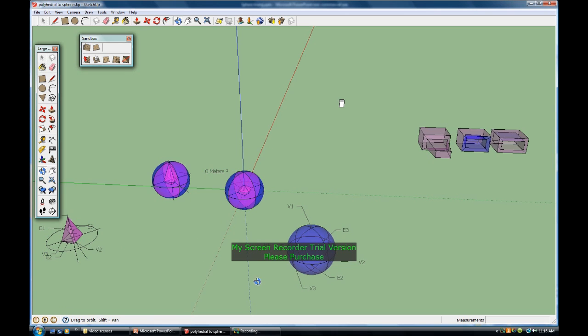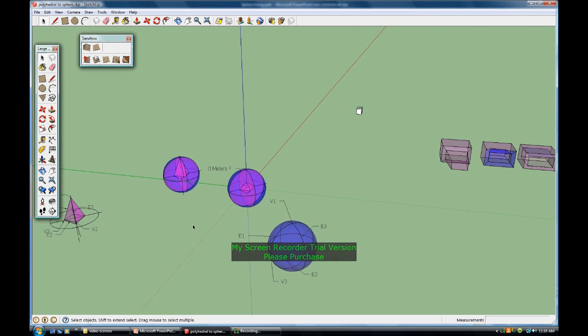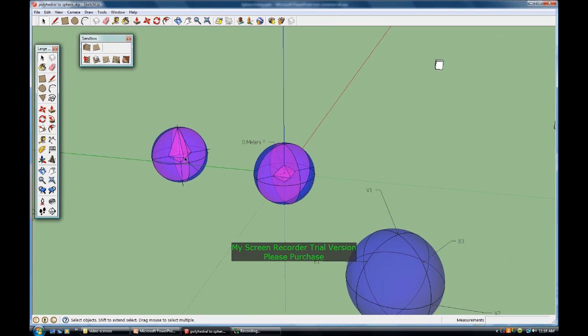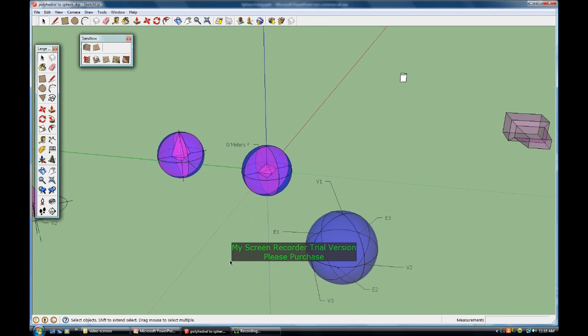So basically you have a one-to-one correspondence. You lose a little bit of geometry in the process, but you keep the relationship between the edges and the vertices, and then you're able to use the spherical trigonometry to gain insights about that.